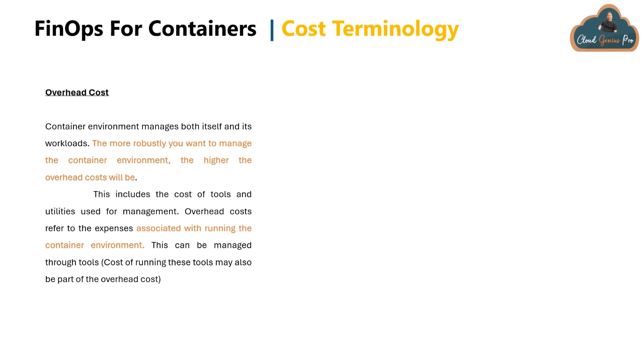So whatever cost you are paying for running the container infra, or the management of that container infra, where management is inclusive of observability, security, or any other shared aspects, we call it an overhead cost. And usually if you want to monitor the overhead cost, tools would be a good option. Even running those tools in your ecosystem will also be considered an overhead cost.